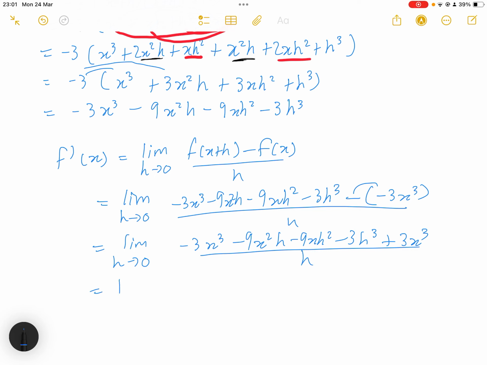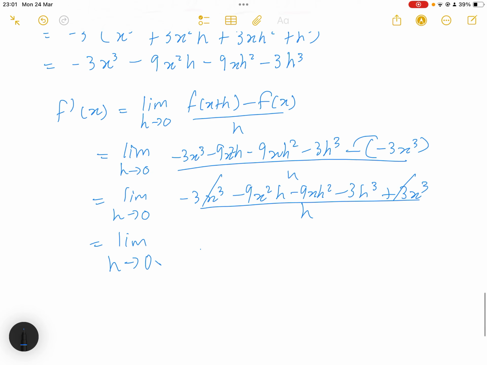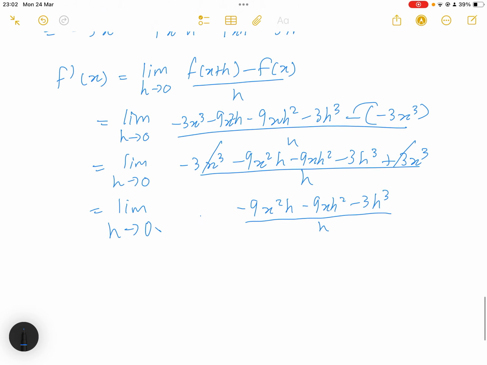After that, it's so easy, because now they cancel each other, and you are left with negative 9x squared h minus 9xh squared minus 3h cubed. What are you going to do in this case? Take out the h.